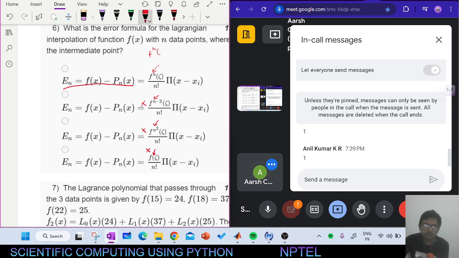In that you get f^n of x0, from which you are doing the series expansion, and then you have x minus x0 to the power n. This is the nth term in the Taylor expansion, right? So just the nth term is going to be this one.